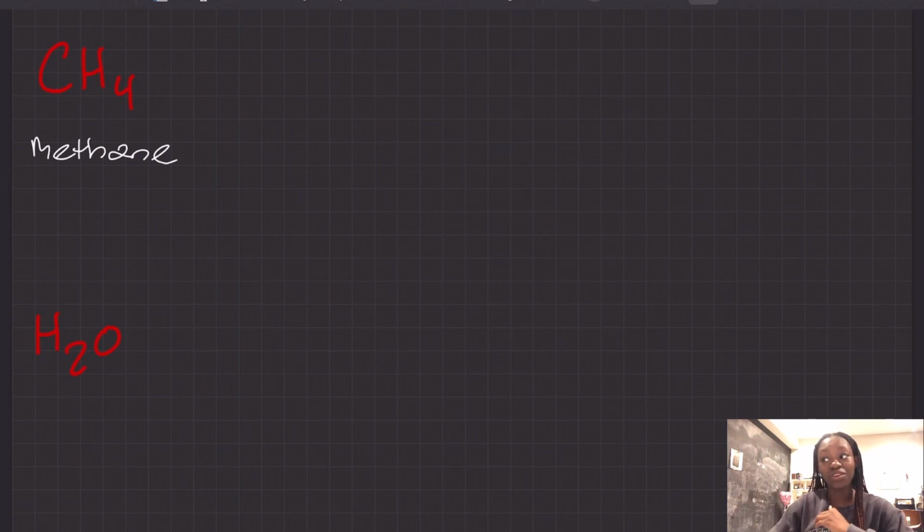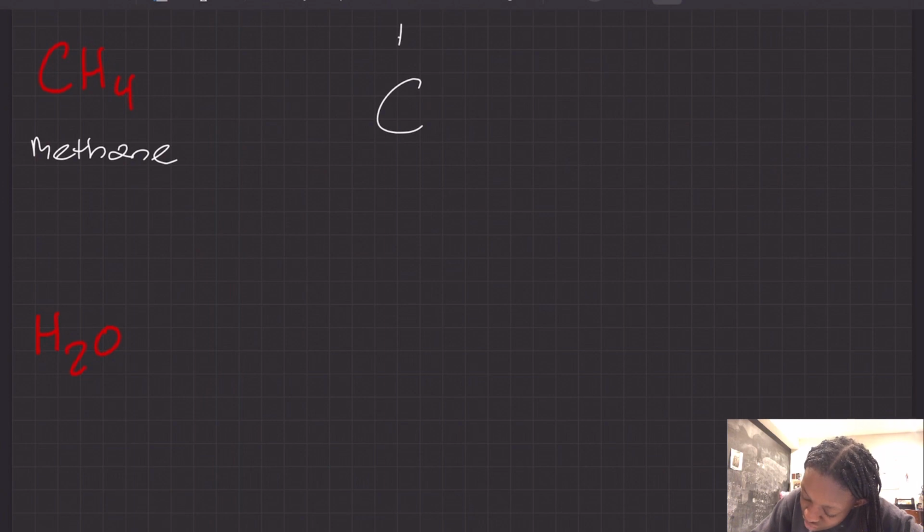But if you can't figure out what goes in the center and what is surrounding, always use the element that is closest to the center of the periodic table, so going toward the transition metals. So we're going to put carbon in the center, and we're going to surround it by hydrogens.